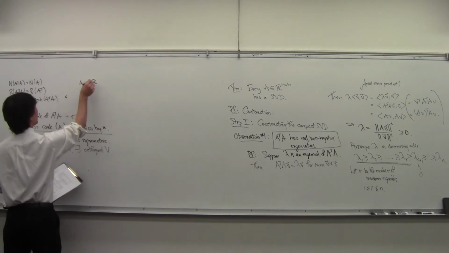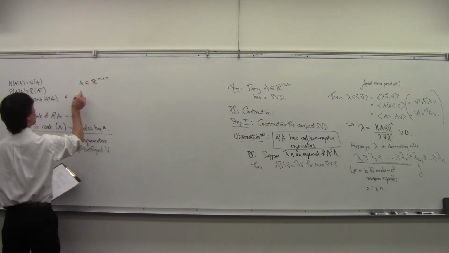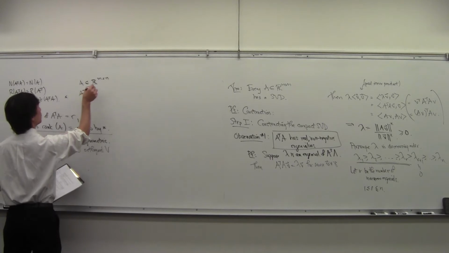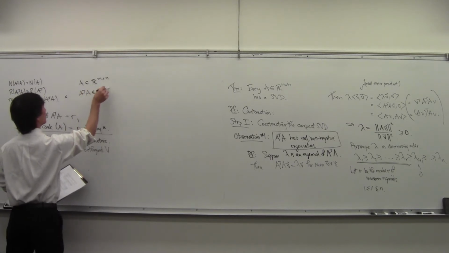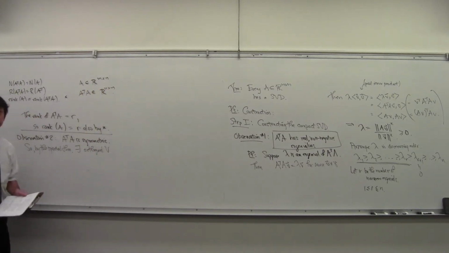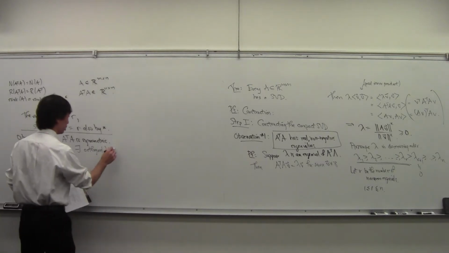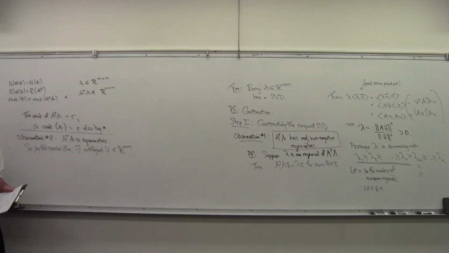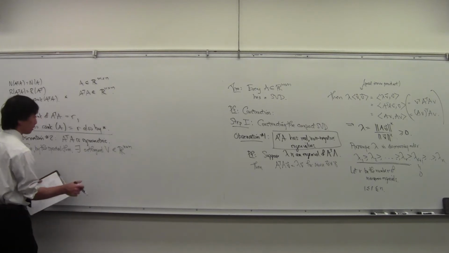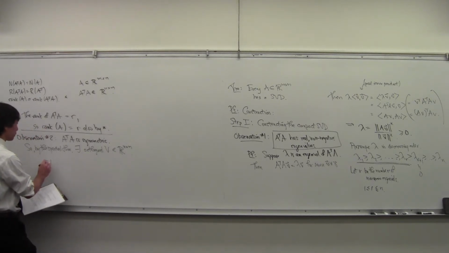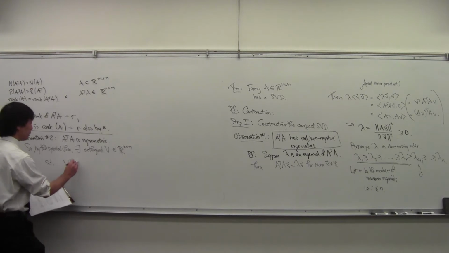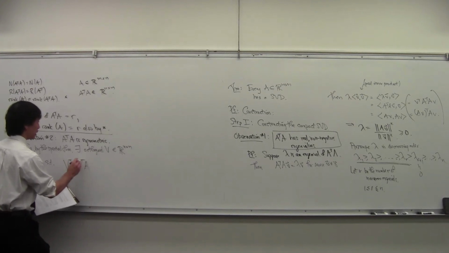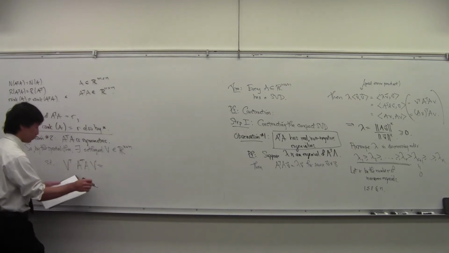A was an m by n, so A^T A is going to be n by n. So there's an orthogonal n by n matrix called V, such that V transpose A^T A V is diagonal.